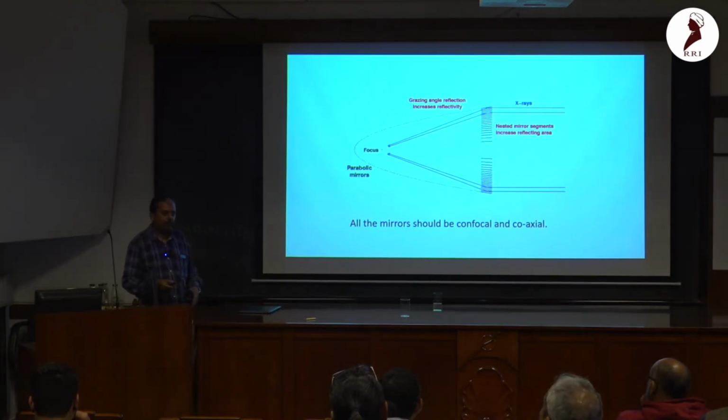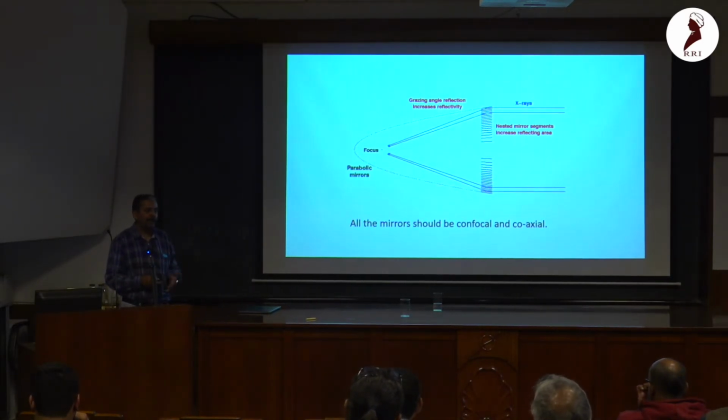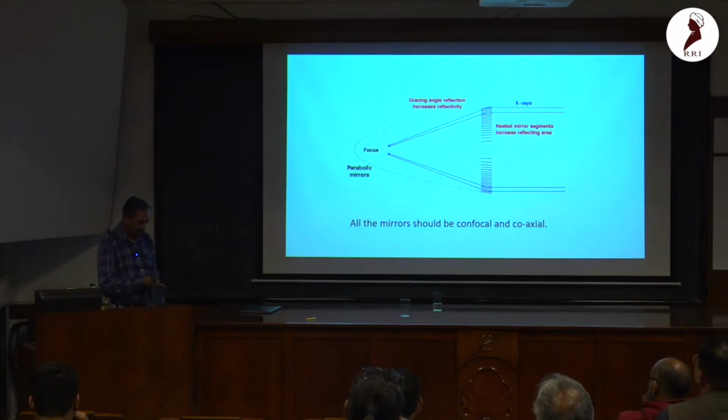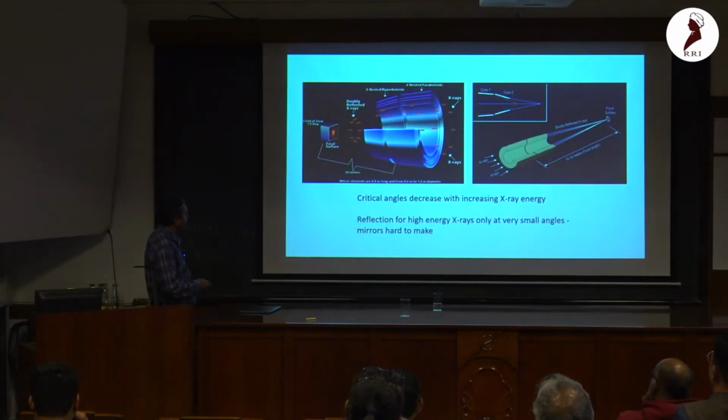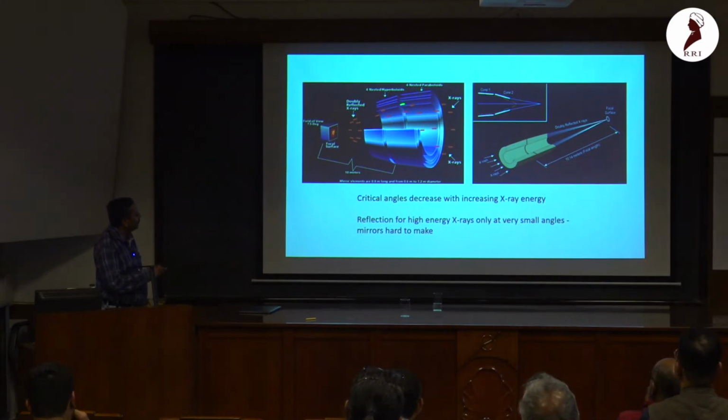Now it has been shown by various groups around the world that if you want to focus X-rays without any aberration effects, they have to bounce off two mirrors. So it has to be parabolic and hyperbolic mirrors, and it looks something like this. This is the paraboloid, and this is the hyperboloid section. The X-rays will fall here.